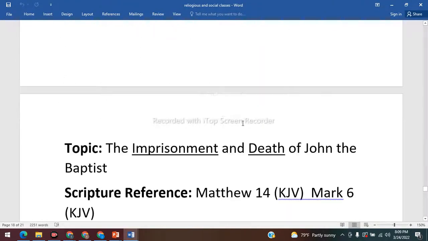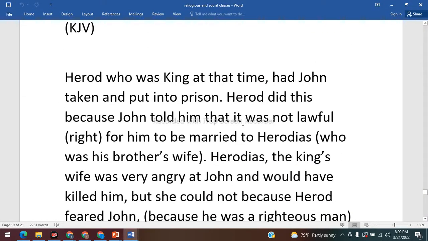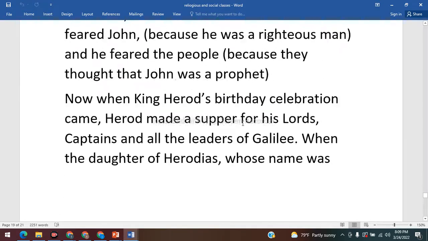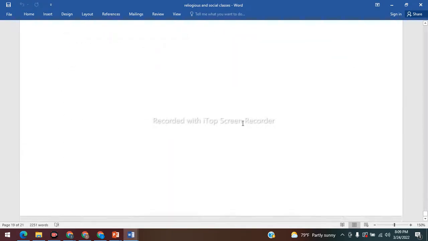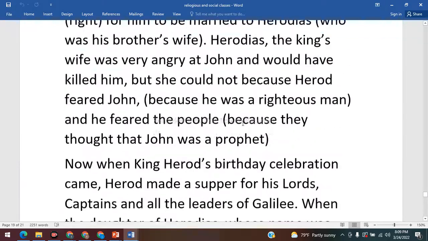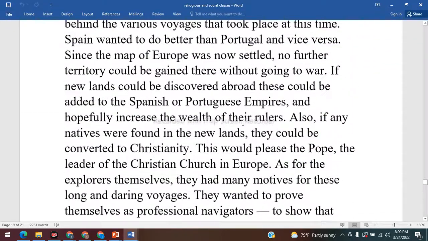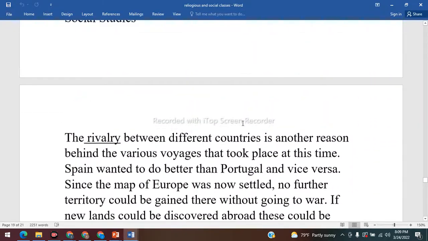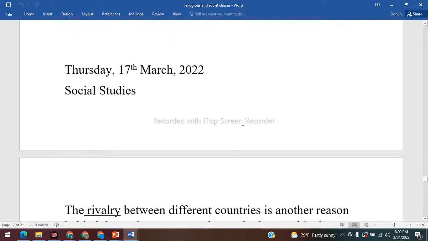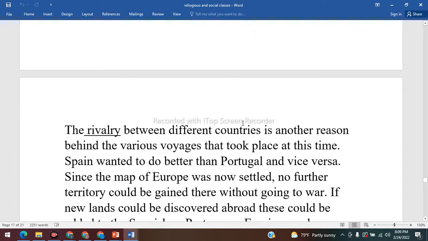All right. Some of those things we mentioned, and some I think you remember from school, because we didn't get into that. So the last time we were talking about basically why we had a lot of voyages during the 15th century.